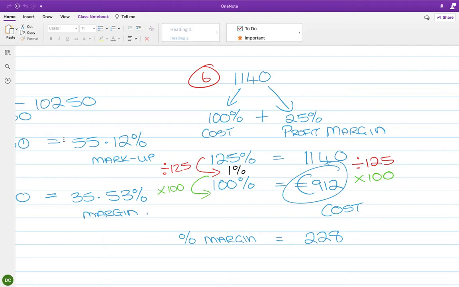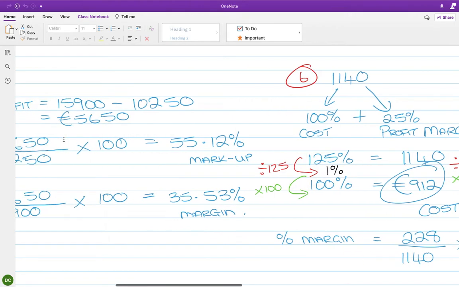And I divide that by the selling price, 1140, and then multiply that by 100. That only gives me a 20% margin, not a 25% margin. Do you know what I mean? But I included 25%, so I'm not 100% sure how I fix that.